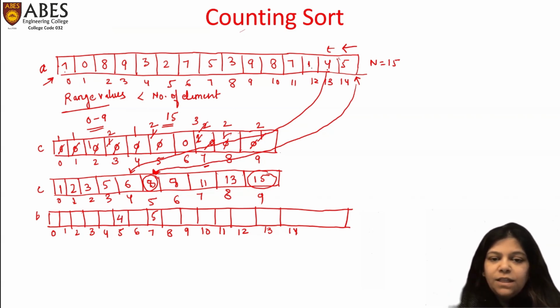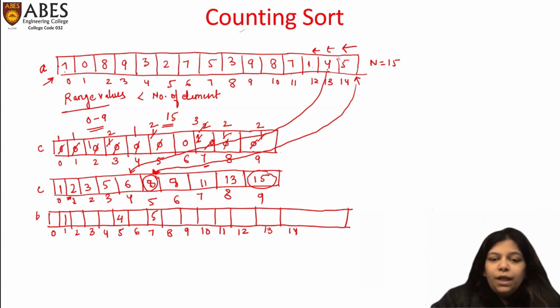In the similar way, we will check for value 1. For value 1, we have 2 in the counting array. That means there are only 2 numbers which are less than or equal to 1 in the array. So this 1 will be stored at index 2 minus 1, that is 1. The next value that we have to take is 7.